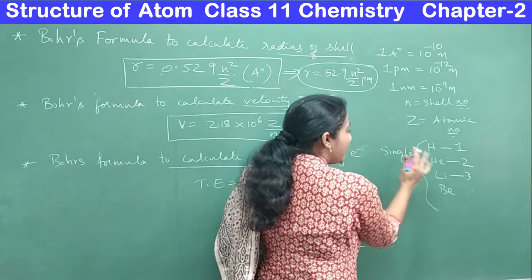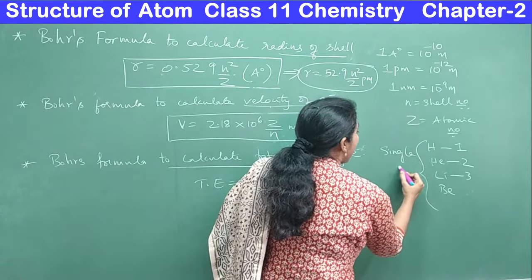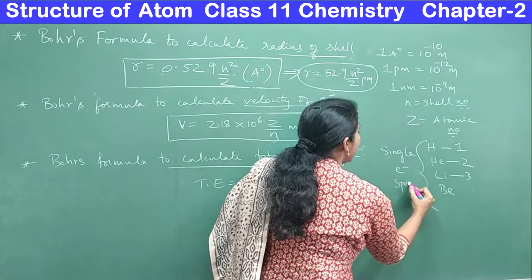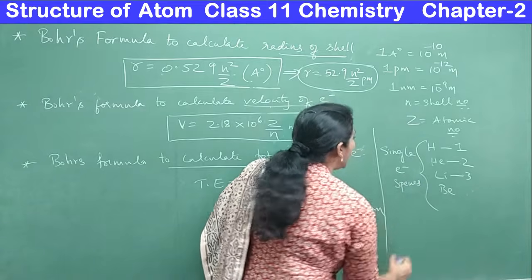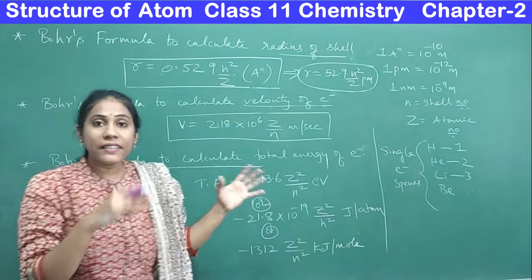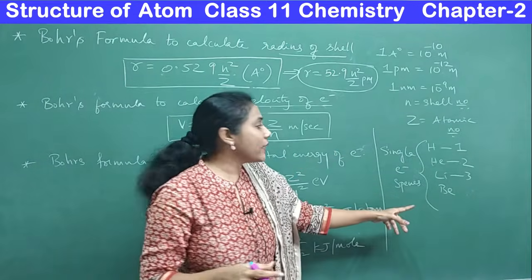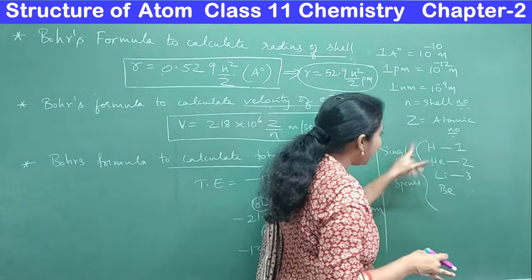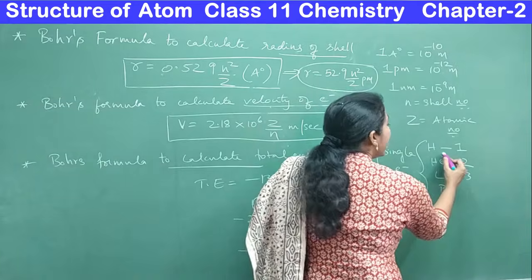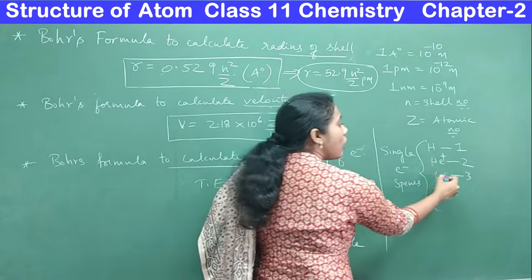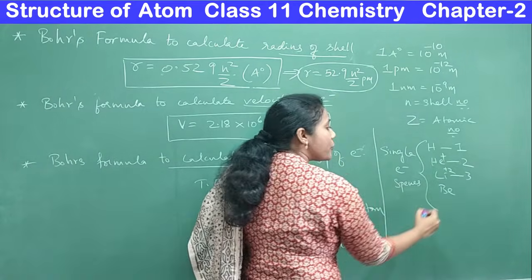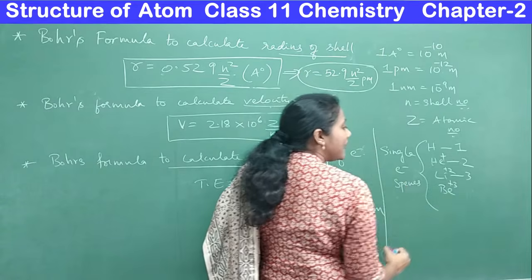Keep this in your mind. As I told you earlier, Bohr's theory is limited only to single electron species. So it can be applied for the hydrogen atom, or for He plus, or for Li plus 2, or for Be plus 3.